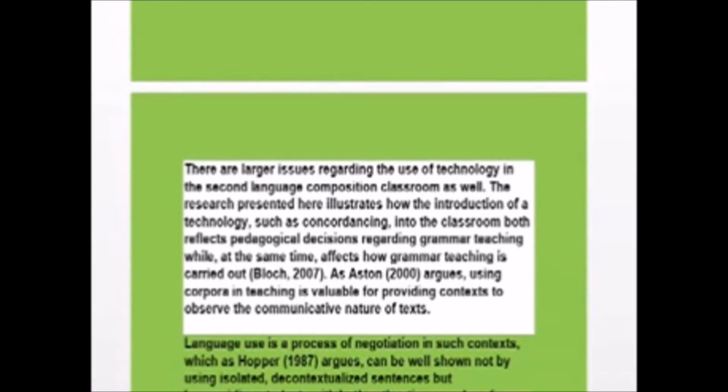And then again, in the final paragraph, language use is a process of negotiation. And so that's a very general statement about the use of language, which, as Hopper argues, can be well shown not by using isolated, decontextualized sentences, but by providing students with authentic examples of uses and of the processes by which writers make decisions about the expression of these important lexical ideas.